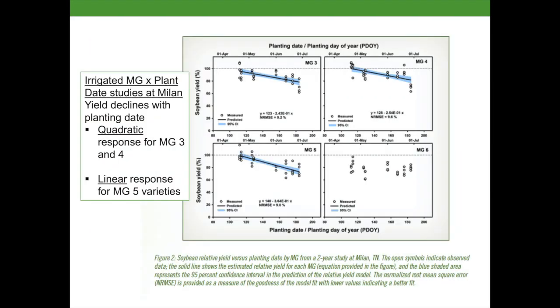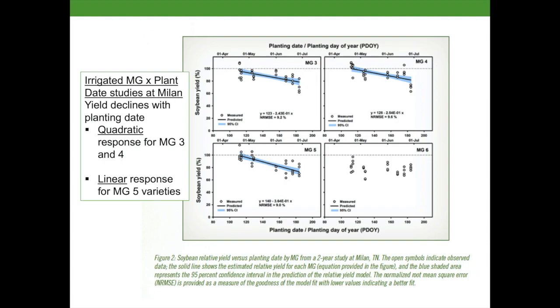One of the things we discovered with our irrigated work was that the different maturity groups respond differently to late planting, specifically the yield decline. Everybody recognizes that the later we plant, the lower the yields tend to be. But under irrigation, where we're taking out the rainfall factor and supplying water, we still get a difference in how maturity groups respond to late planting.